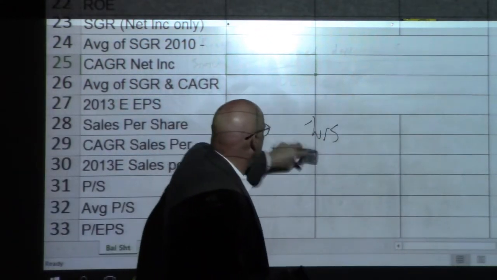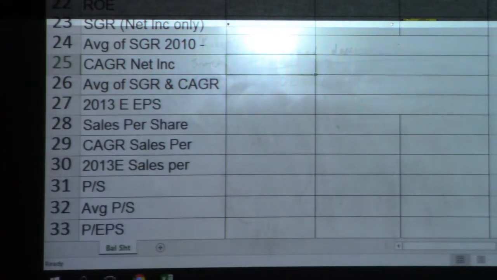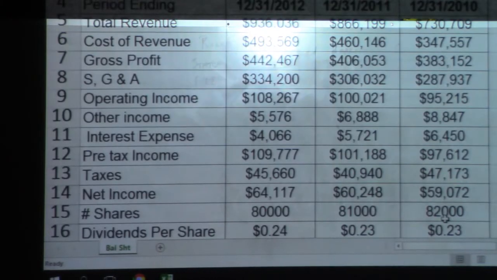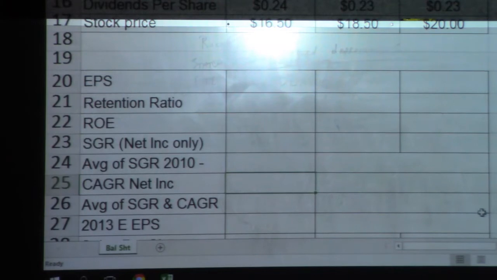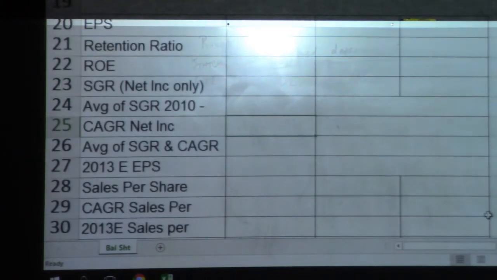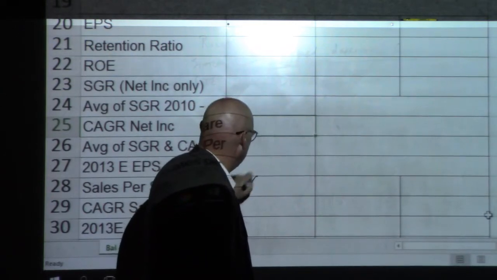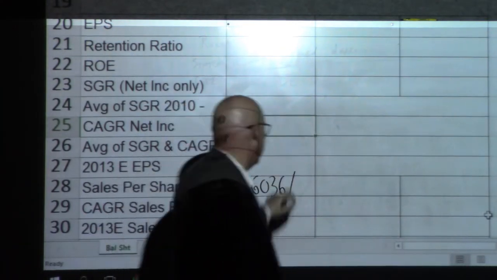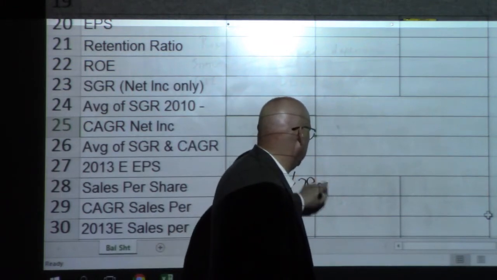All right, so let's find sales per share in 2012. So sales, 936,036 divided by the number of shares, 79,000.